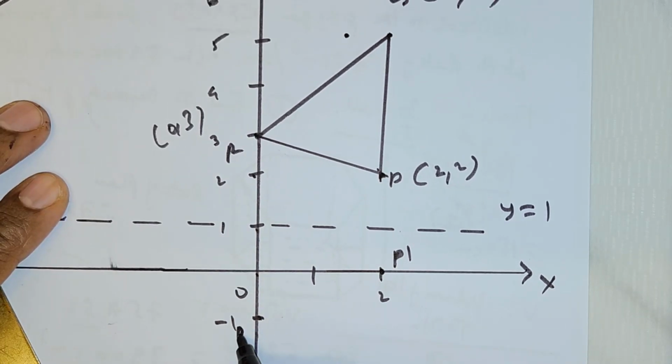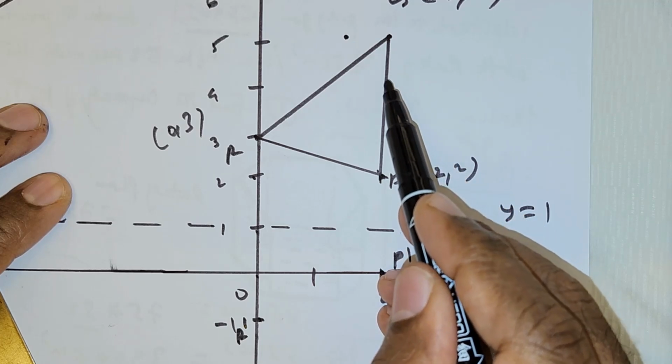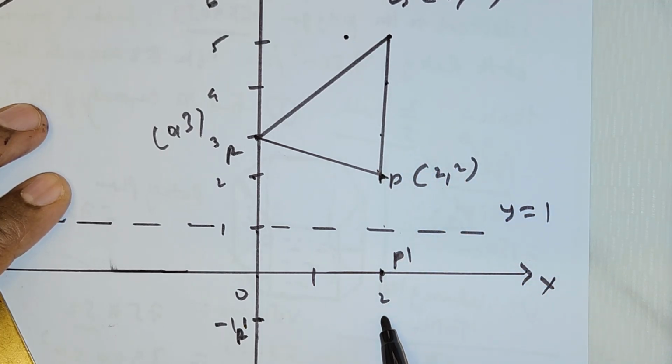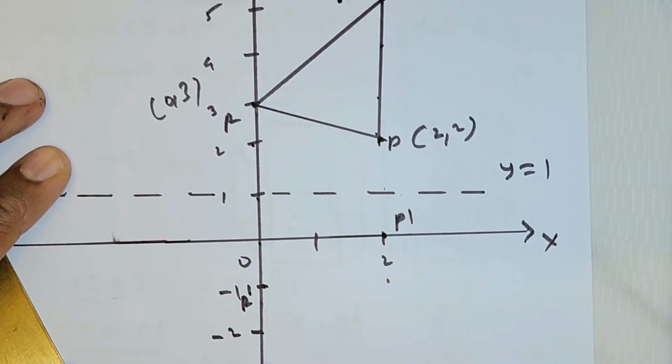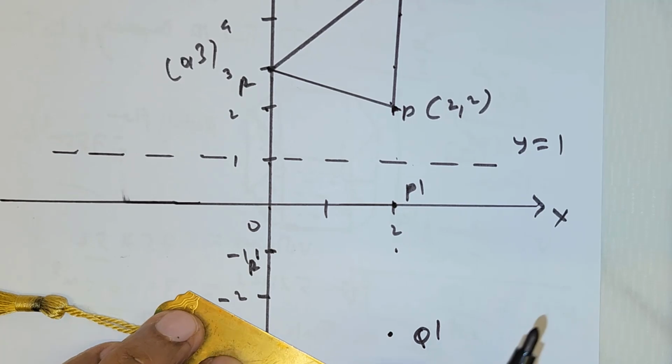So this point is going to be my new R, which is represented as R dash. Now the distance between y = 1 and Q is going to be 4 units. So it's going to be 1, 2, 3 and 4. So at this point is my new Q, which is represented as Q dash.